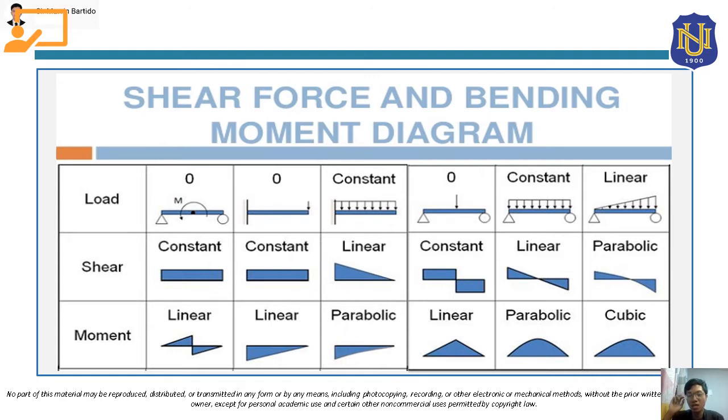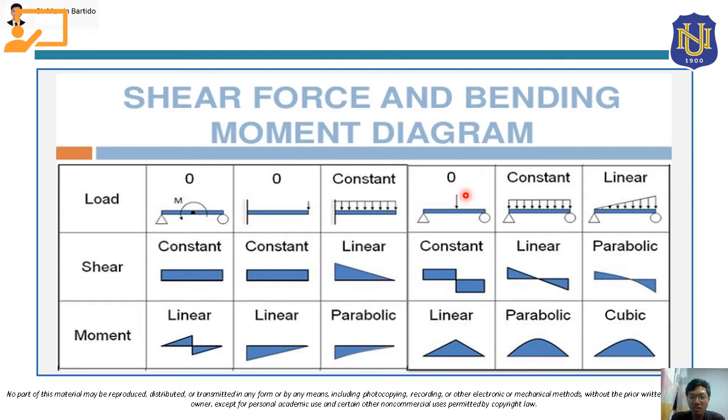Parabolic means its equation will be second degree, since our equation will be expressed in variable x. If the equation has a degree of 2, that is the highest exponent of the equation, so that is parabolic.